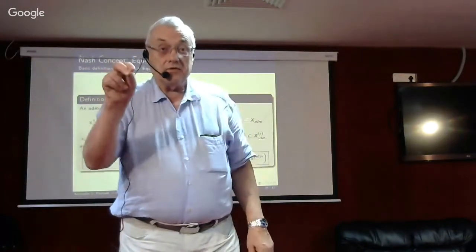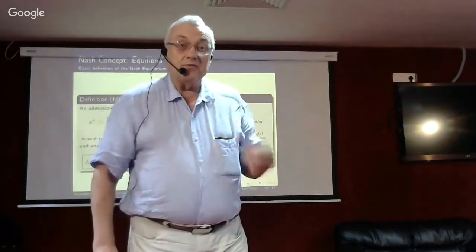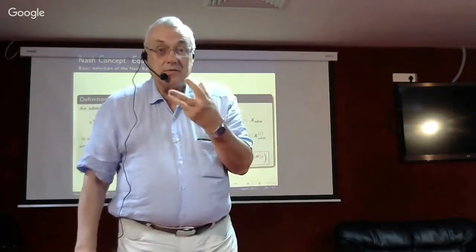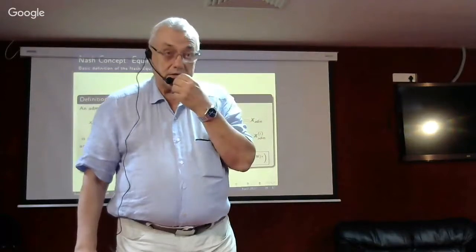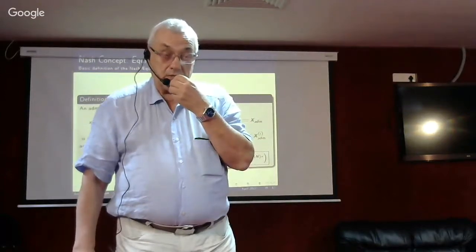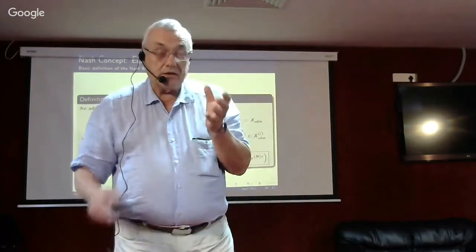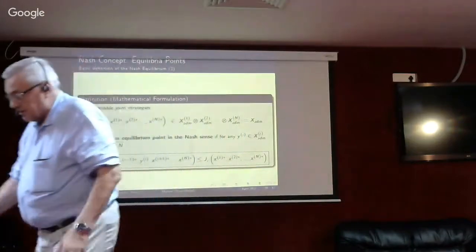So equilibrium is the same as optimal for one participant, but for many participants it's equilibrium. So it's genius, understand this. For me, it's an absolutely brilliant result and very clearly explained.